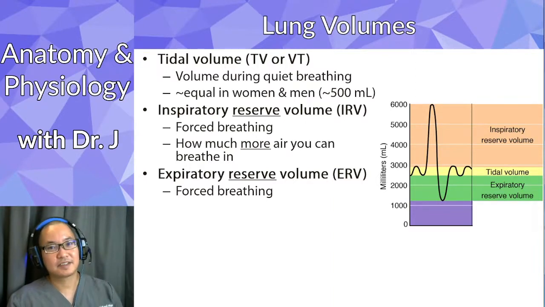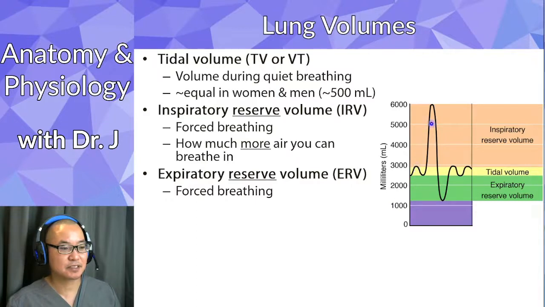So how do we measure expiratory reserve volume? Well, this is how much more we can exhale. So instead of measuring peak to peak, because every time you have a valley, that means you're exhaling, you're decreasing your lung volume and increasing the pressure, therefore you're exhaling. With the expiratory reserve volume, you're expiring and exhaling even more.